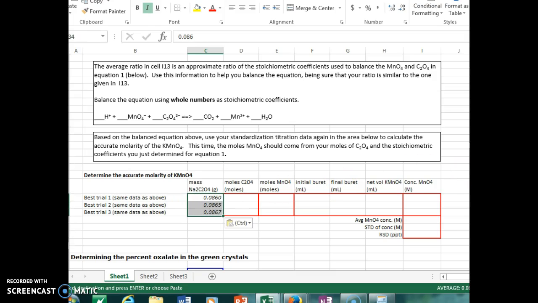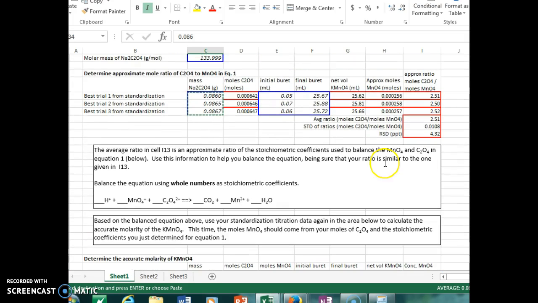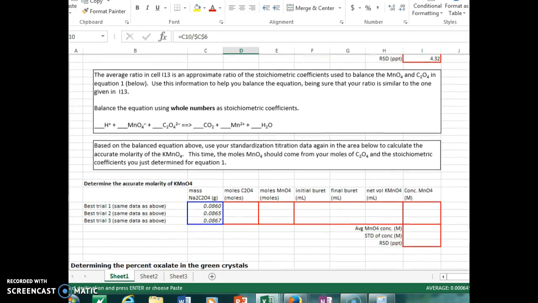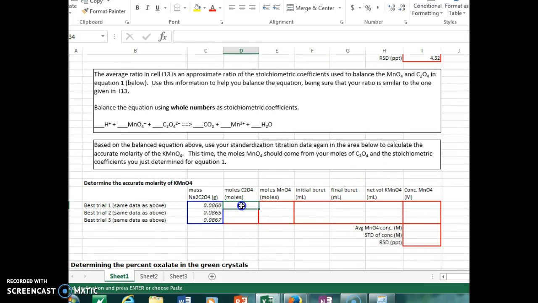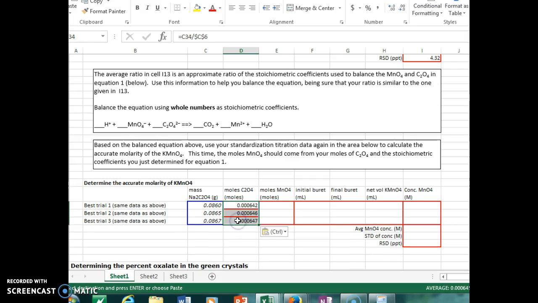And you can actually copy and paste the D10 through 13, and you can bring that down to D34 through 36, okay? But here, this is different. You're going to use the ratio that you found up here of oxalate to permanganate being 2.5, okay?